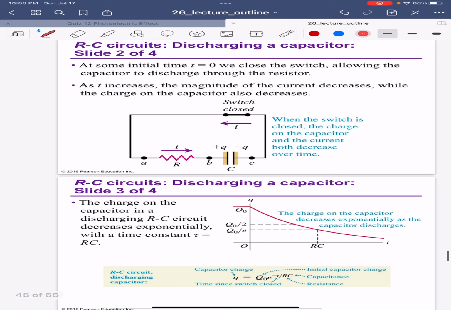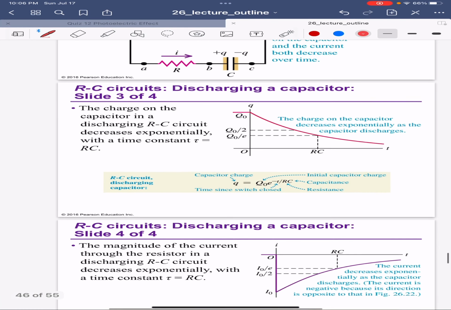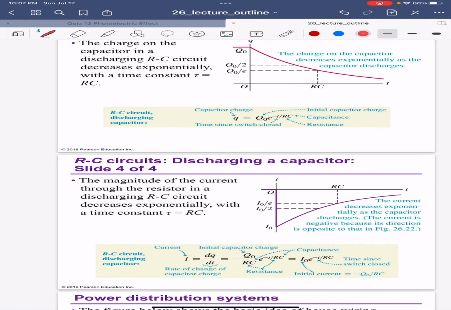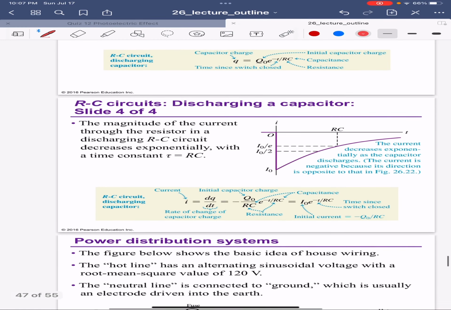Q decreases exponentially, and the current also decreases exponentially with a time constant RC. Here is the equation for discharging.